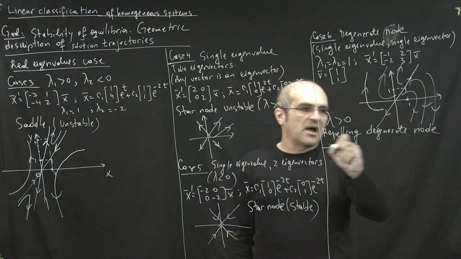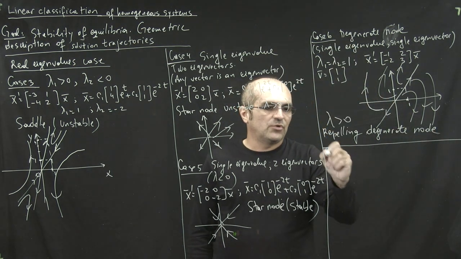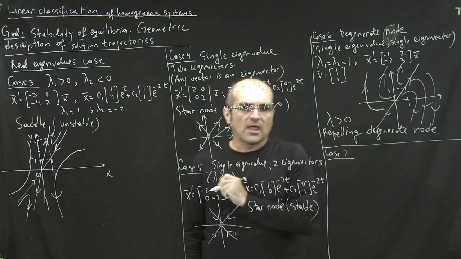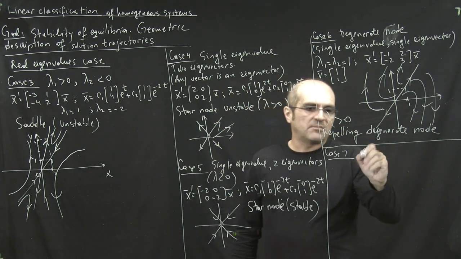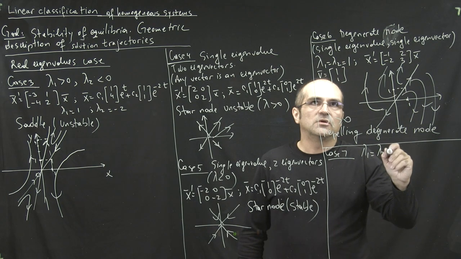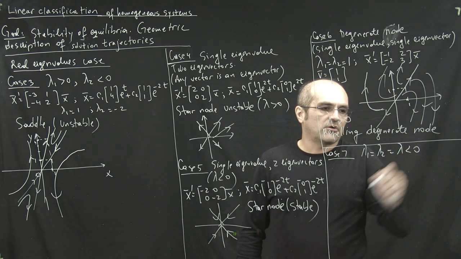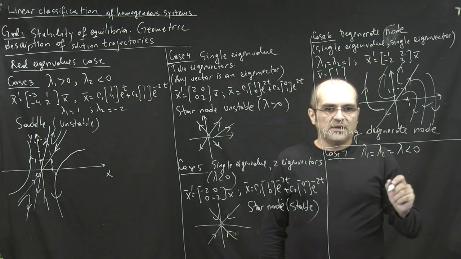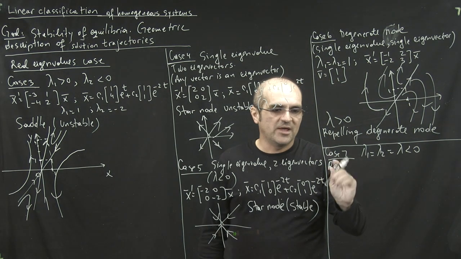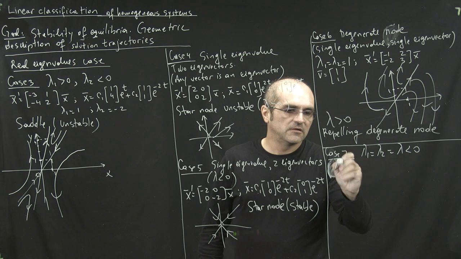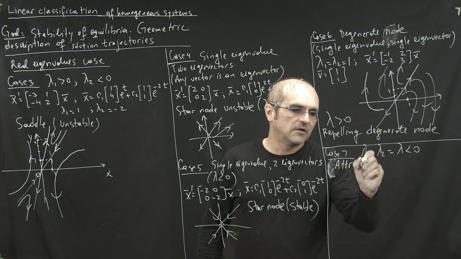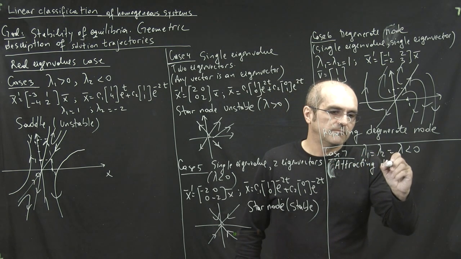And let's finish this part with the opposite case, when you have the same configuration but with negative lambda. So lambda 1 equals lambda 2 equals lambda less than 0. This will be an attracting degenerate node.